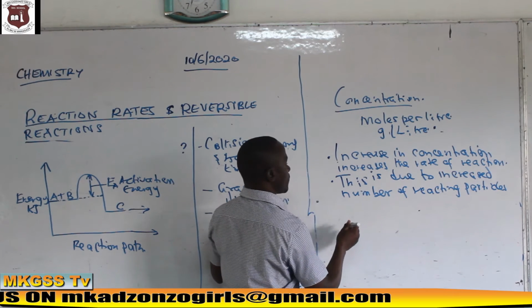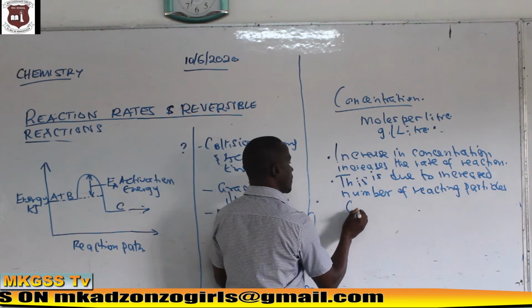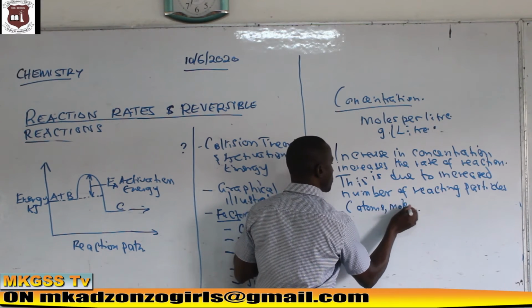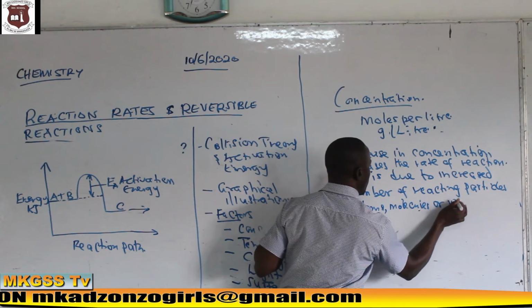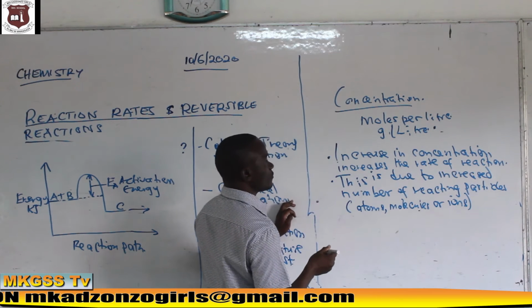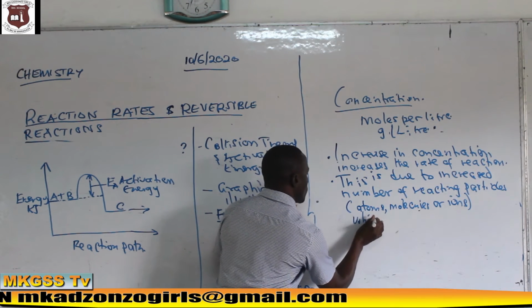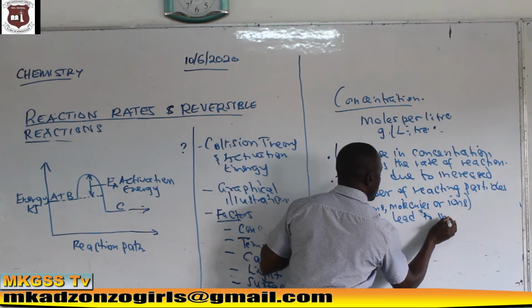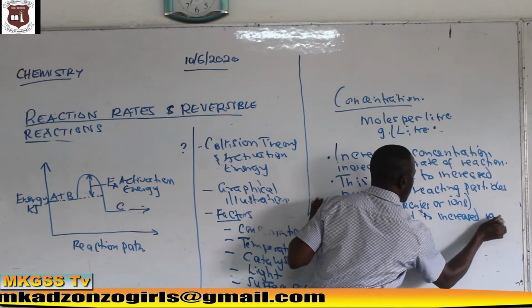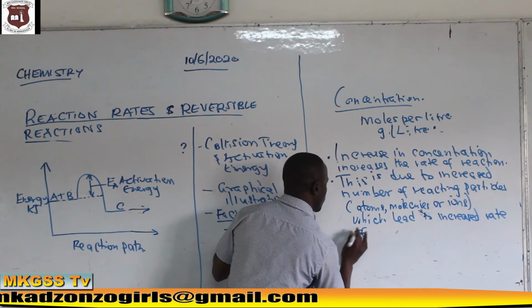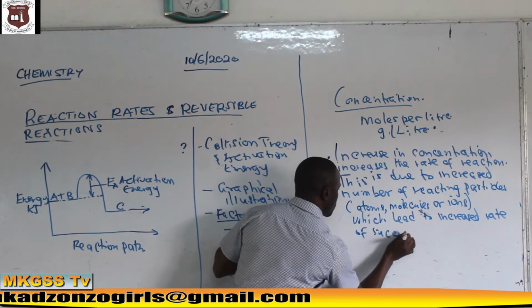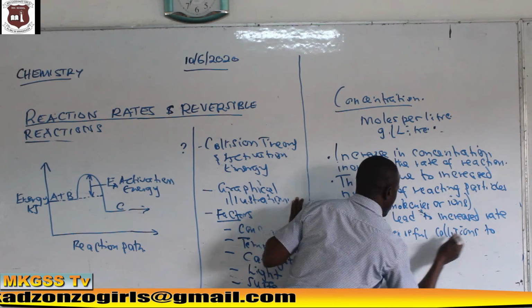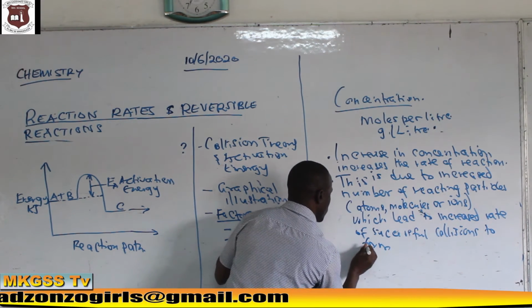In this case, the reacting particles can be atoms, molecules, or ions, which lead to increased rate of successful collisions to form products.